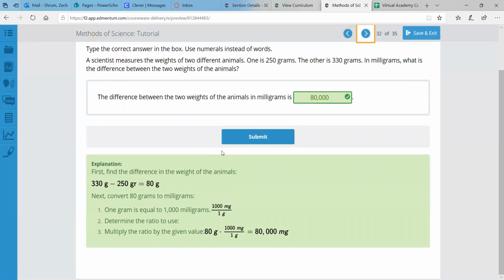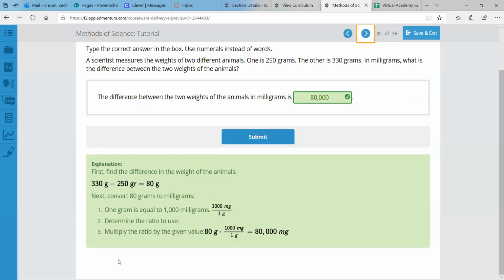So this just asks you to do a math problem. So you start out with 330 grams, and you're asked to find the difference between 330 grams and 250. So the first step would be to subtract, since these are both in grams, and you're left with 80 grams difference. And we know the ratio of 1 gram is equal to 1,000 milligrams.